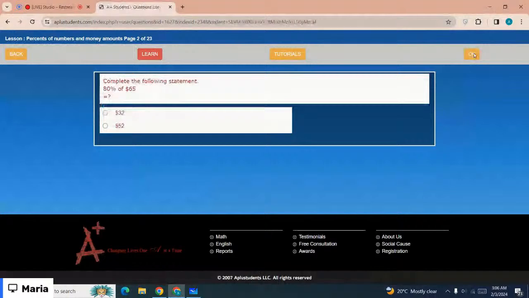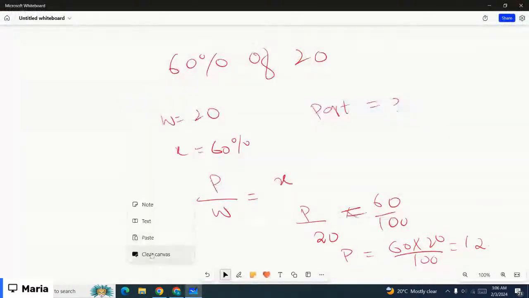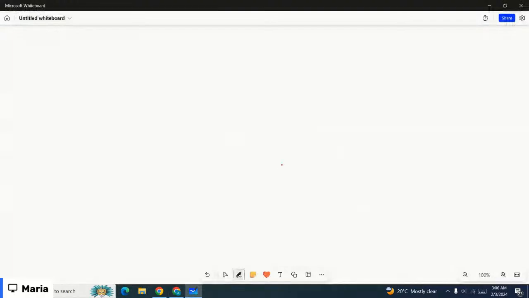Complete the following statement. 80% of 65, we need to calculate 80% of 65. So 65 is the whole. You need to calculate the part of it.